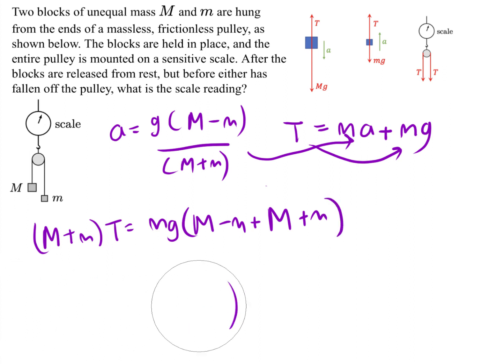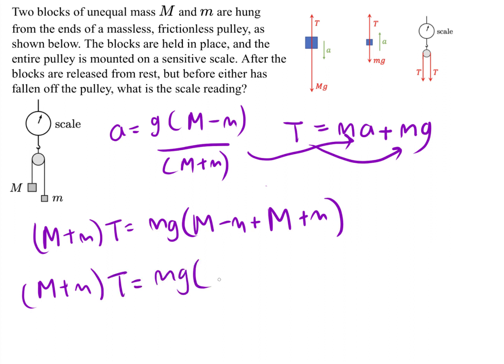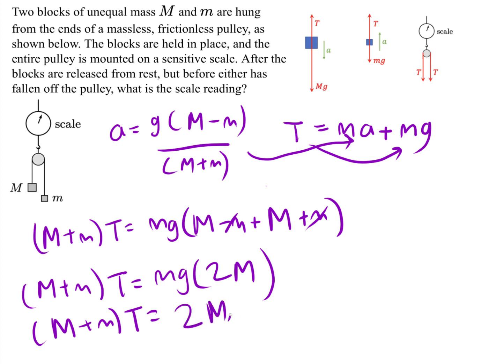So from that, we get this. Big M plus little m, you have 2 big M's, and these 2 cancel out. So you get that big M plus little m times the tension must equal 2 times big M times little m times the gravity.